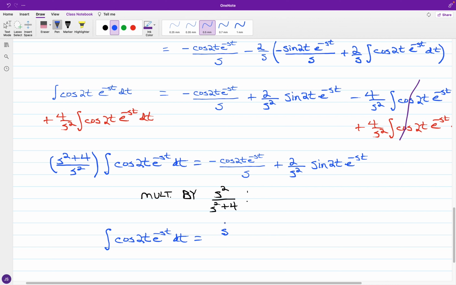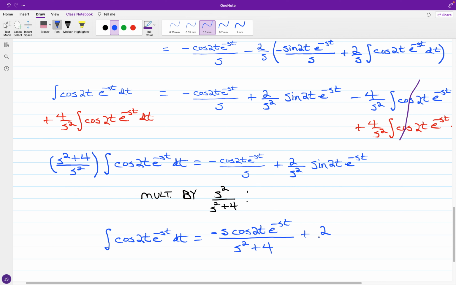And in this case, you're going to have negative s times the cosine of 2t e to the negative st all over s squared plus 4. And for 2 over s squared, if I multiply by s squared over s squared plus 4, the s squares will cancel out.